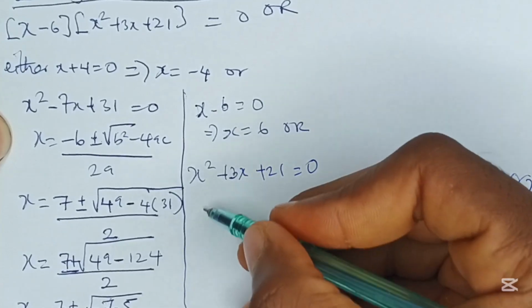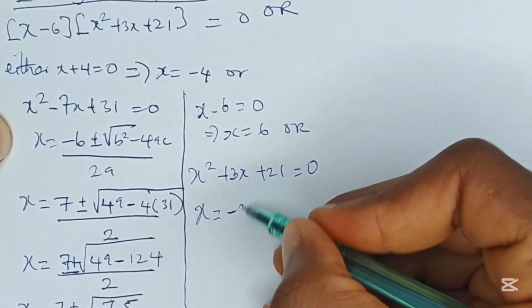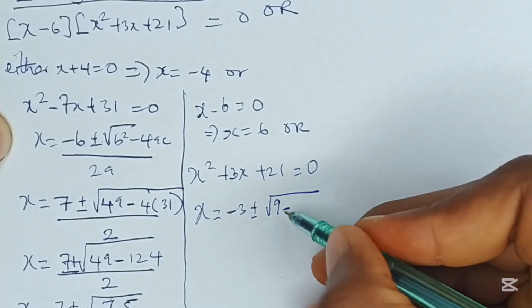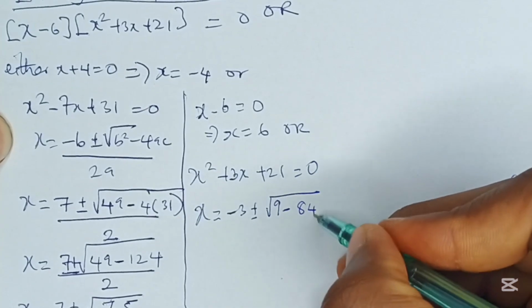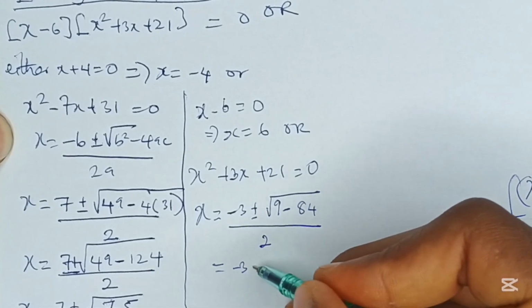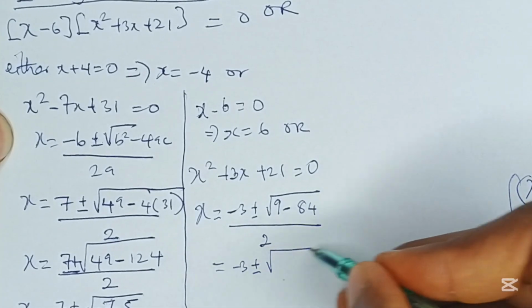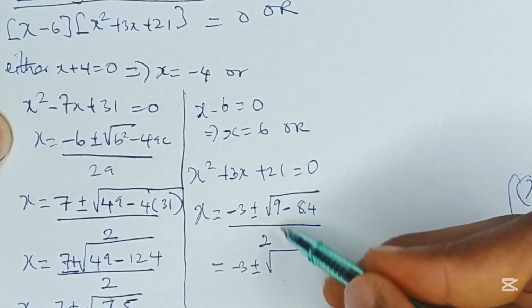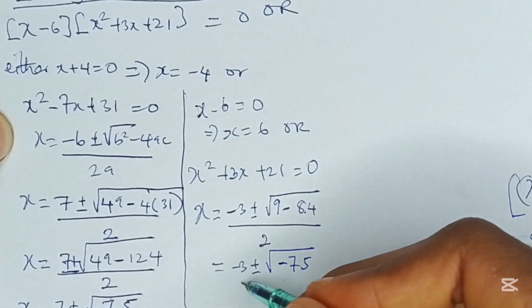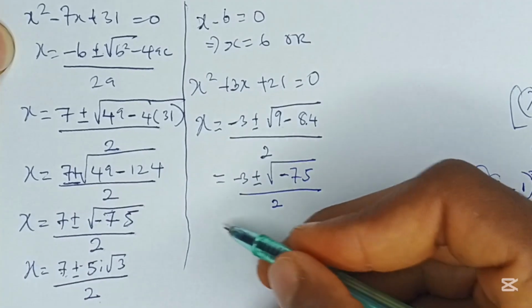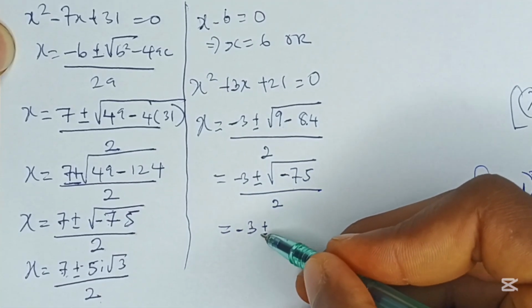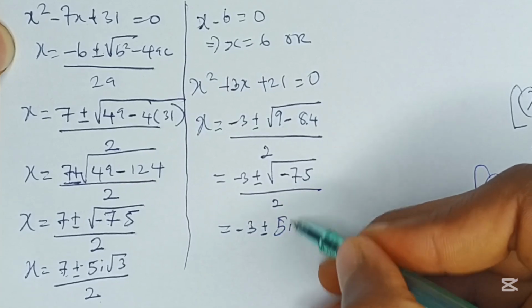Using the quadratic formula again, we now have that x will be equal to minus 3 plus or minus square root of 3 squared is 9 minus 4 times 21 is 84, all over 2 times 1 is 2. This is equal to minus 3 plus or minus square root of 9 minus 84 is minus 75, all over 2. This is now equal to minus 3 plus or minus, the same thing here, 5i root 3 all over 2.